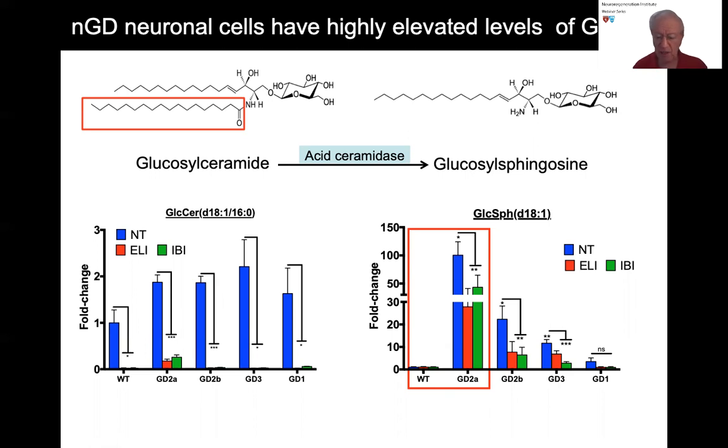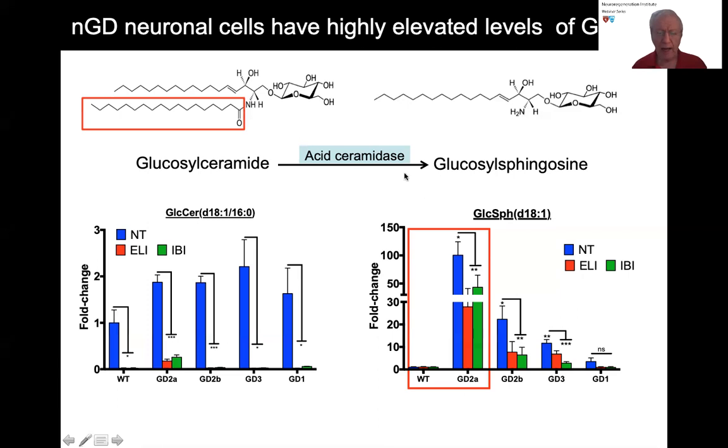And there is discussion in the field, what are the offending, what are the deleterious lipids? Is it glucosylceramide? Is it glucosylsphingosine? Is it both? Is it others? And what my lab is going to work on is the possibility that it is glucosylsphingosine, and I will talk about it today.